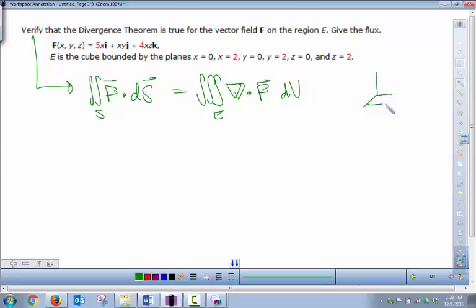We have the solid inside of that box as our E, which we can easily represent with constant limits for our triple integral.